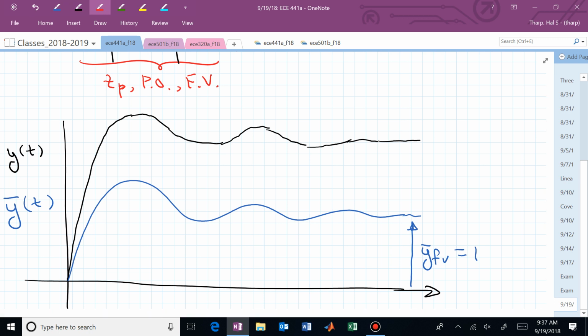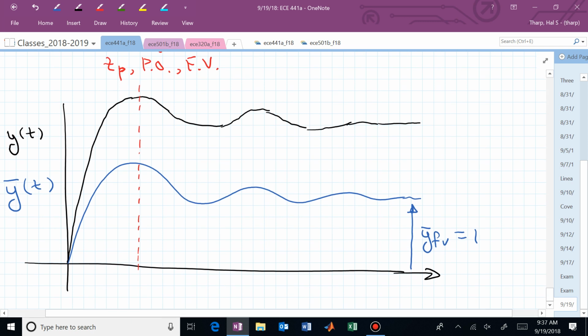And if it is scaled properly, then they peak at exactly the same time. This time to peak is the same for both. So if we find the time to peak on y bar, that's consistent with the time to peak on y.